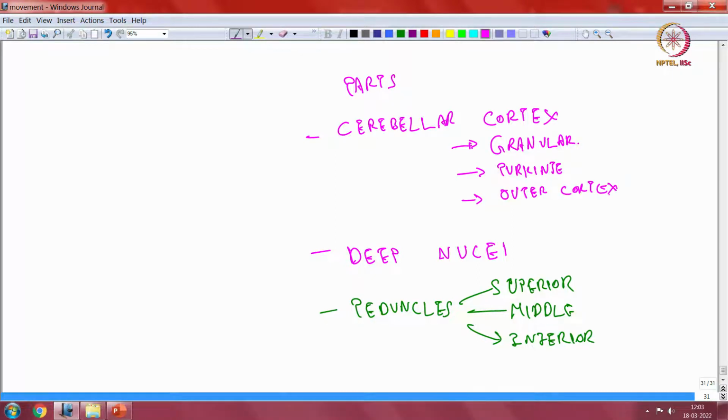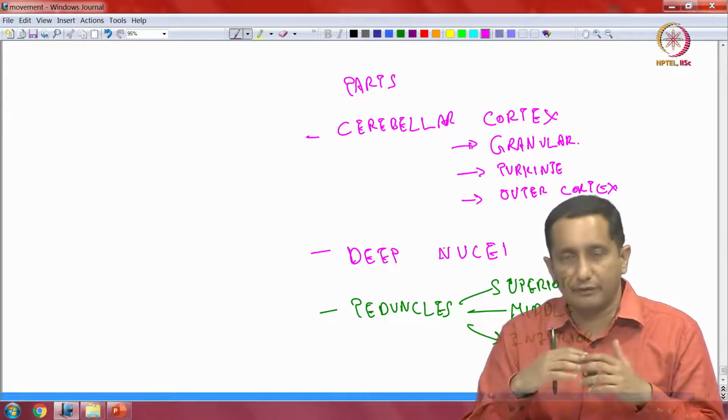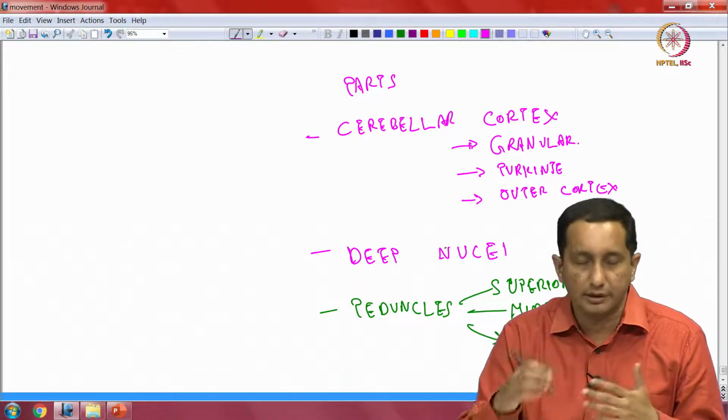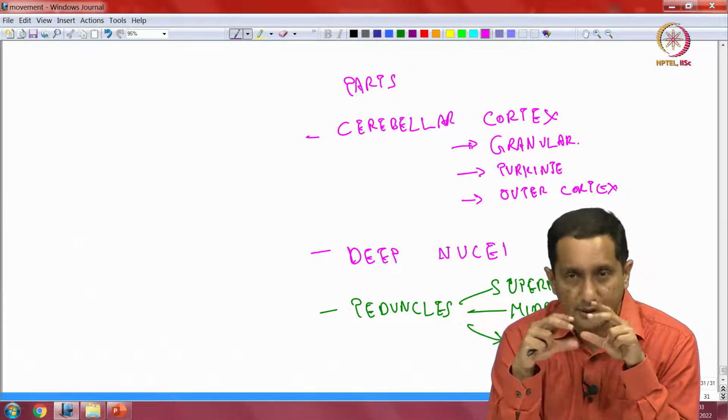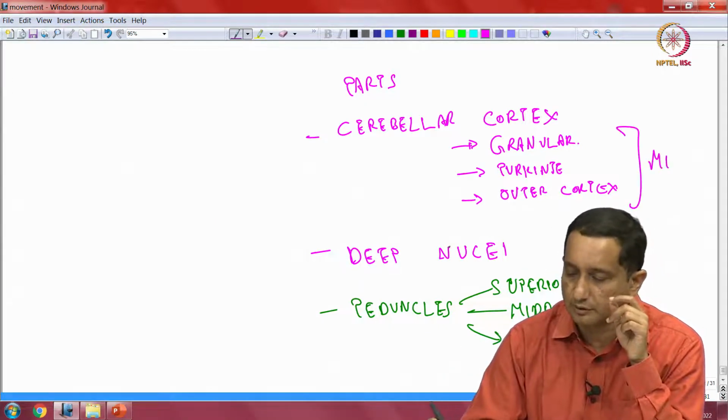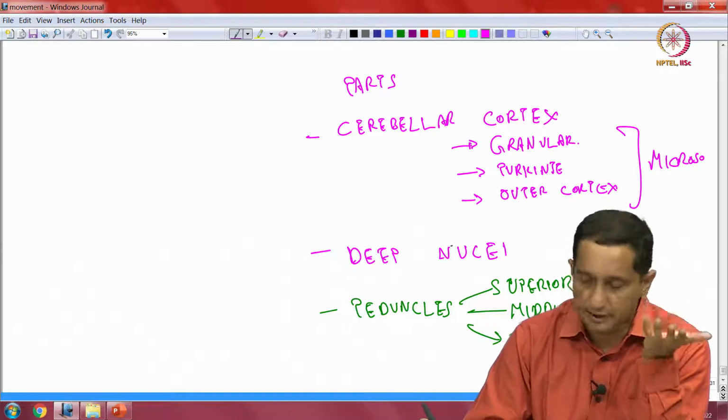We will look into this in a lot more detail actually. So, outside there are two lobes and a central vermis, then within each lobe you have the cortex, which contains multiple layers. These are microscopic; you see them under the microscope.